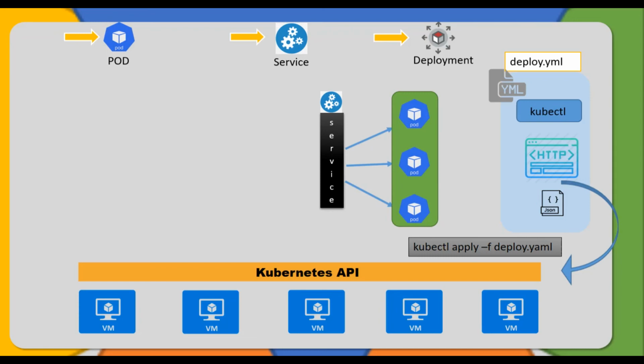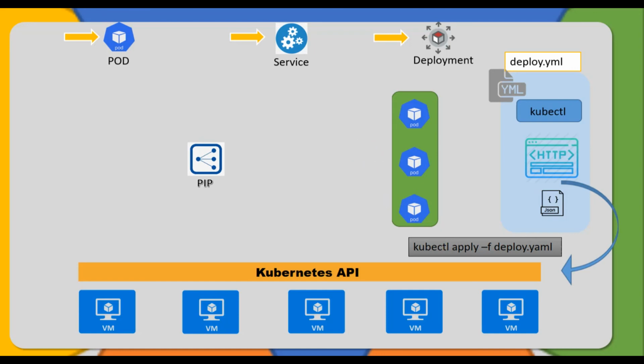What if I want to access the application from the external network? For that, we need to use an external load balancer. When we create an external load balancer type service, it automatically creates a cloud network LB. This provides a PIP and sends traffic to the correct port on your cluster. So when you deploy an external load balancer service, it automatically creates the load balancer with an IP address and sends the traffic to the internal ports.